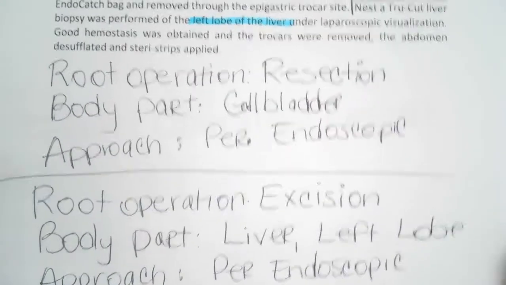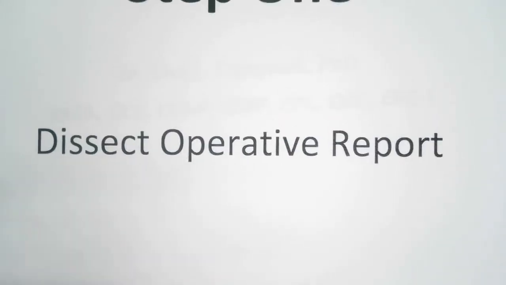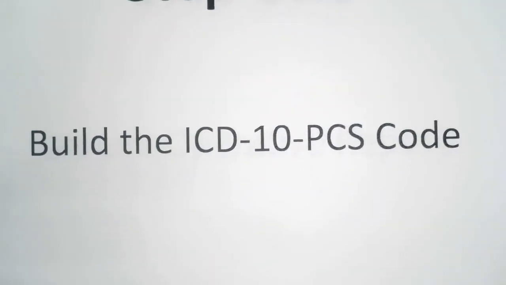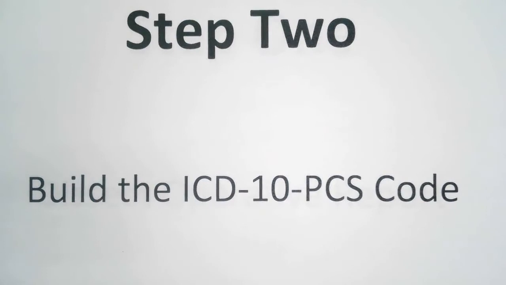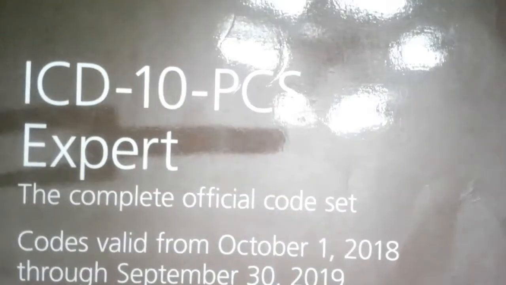All right, guys, so what we've done is completed step 1, which was dissecting the operative report. Next, step 2, we must build the ICD-10 PCS code. In order to build your ICD-10 PCS code, you need an ICD-10 PCS manual. All right.